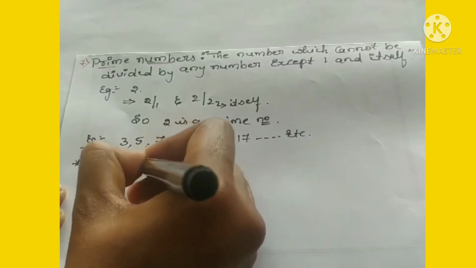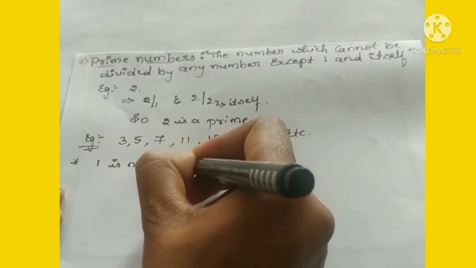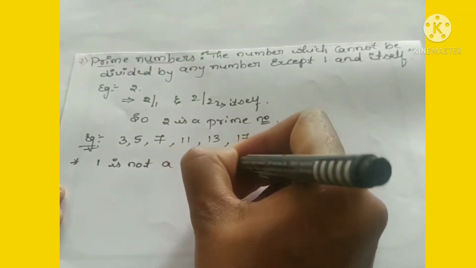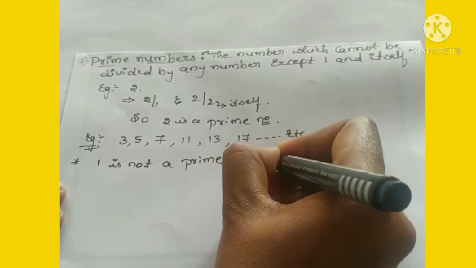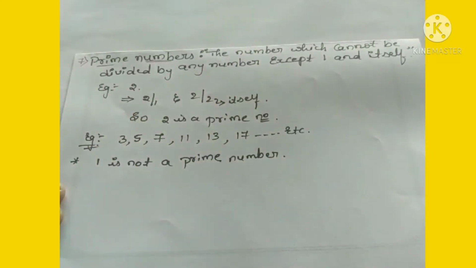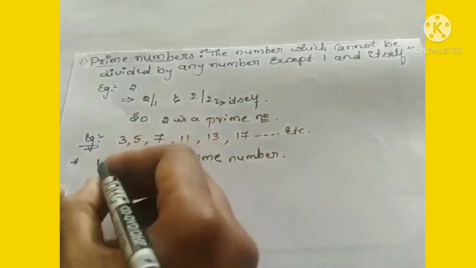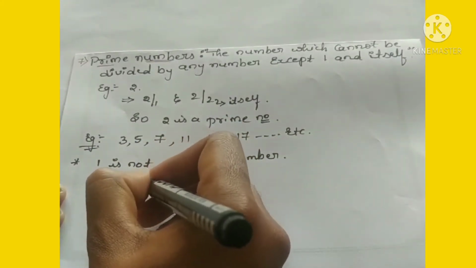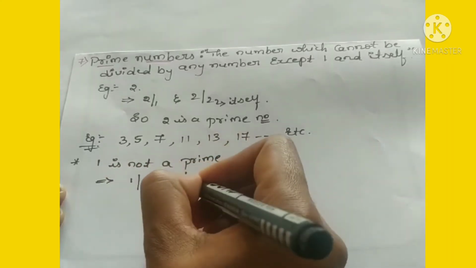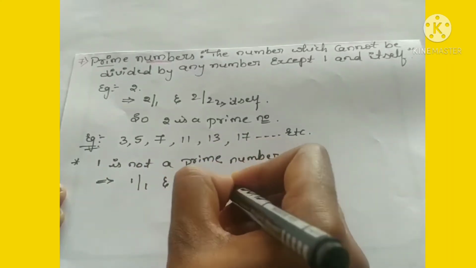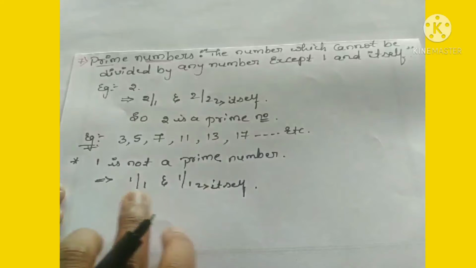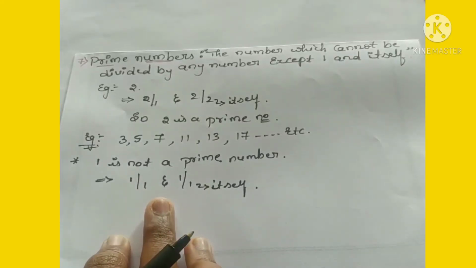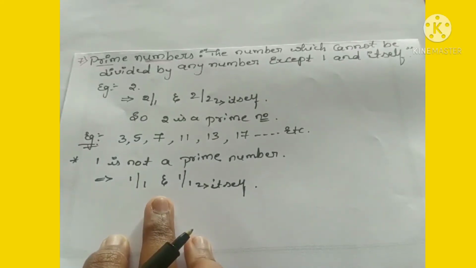1 is not a prime number. Why is 1 not a prime number? Because 1 is divisible by 1 and 1 is divisible by itself. Now if you observe, any prime number has two factors.